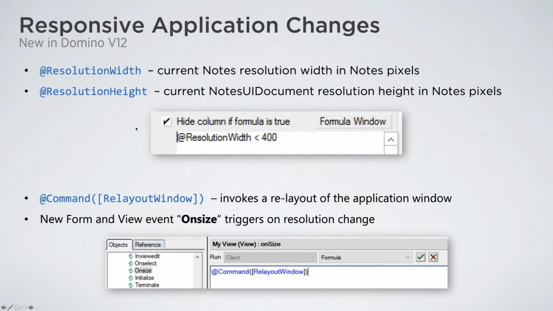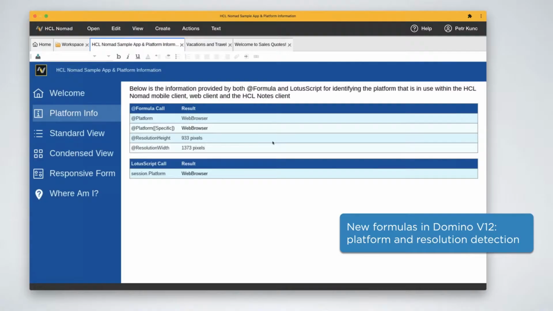You can call these commands. For example, if the resolution is less than 400 pixels, then hide this column because it is too small. It is probably an iPhone, and I do not want to show this column. Show it only on desktop where the resolution is big enough.